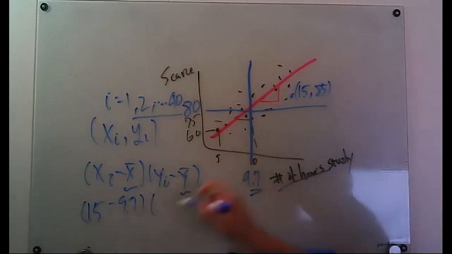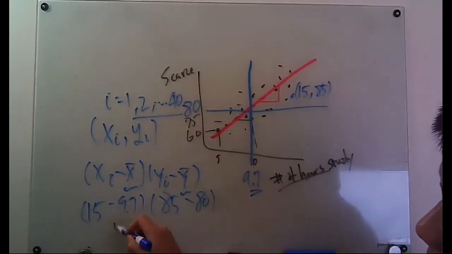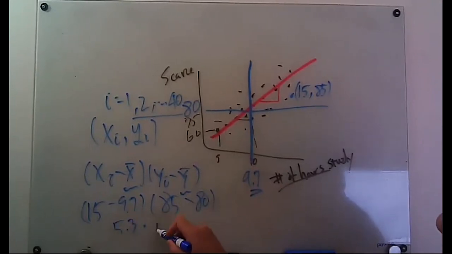yi is what? I said they got 85 and the average was 80. So this was 5.3 and this is 5. If you multiply, what do you get? It's 26.5, right? What's important here is not actually the amount you're getting, but the sign.